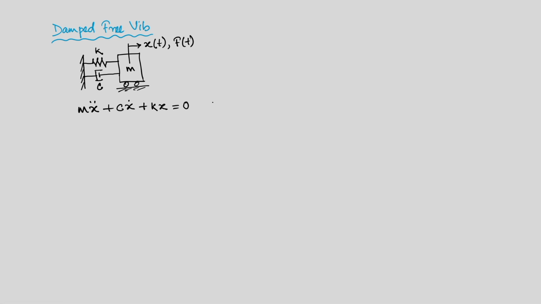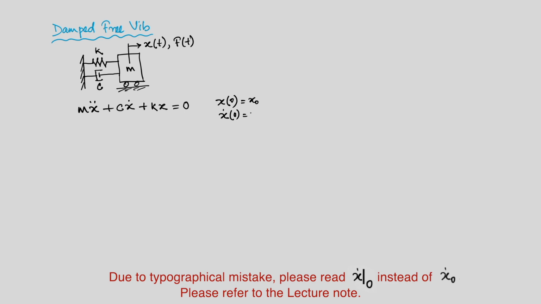And there are initial conditions. So x at 0 is x naught, and the velocity, that is the first derivative of x at 0, is also defined. Now with this information we have to solve this expression. The only difference in this case is the middle term that represents damping.